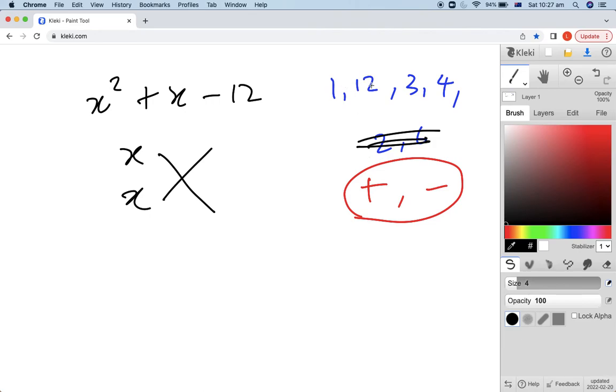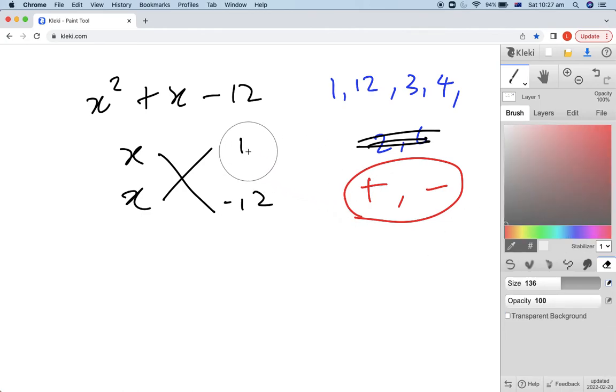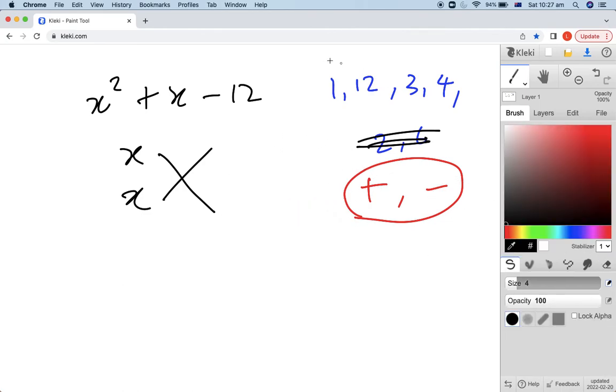If we tried 1 and 12, let's say we can just do minus 12, positive 1. What happens is x times minus 12 gives us minus 12x, plus x times 1 gives us x. So minus 12x plus x gives us minus 11x, which is still too big. So we know this option won't work.